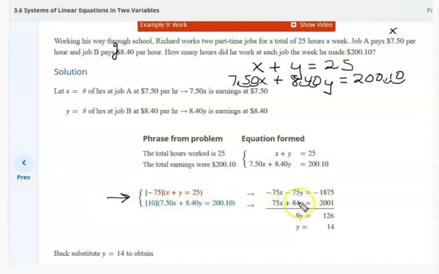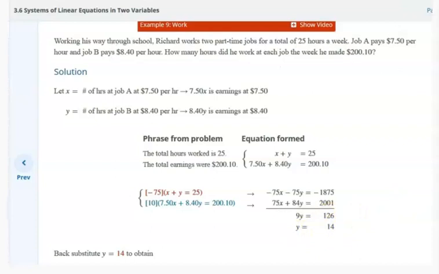Pause, take a moment. Notice these become negative, so the x's will then cancel out. You're left then with a positive 9y equals 126. Divide both sides by 9. Y equals 14.